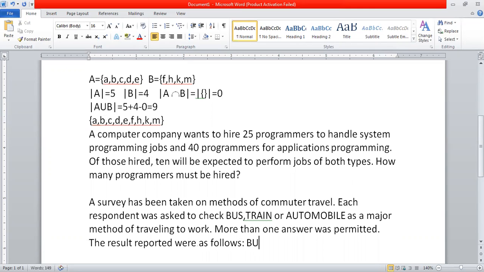Bus, 30 people. Train, 35 people. Automobile, 100 people.